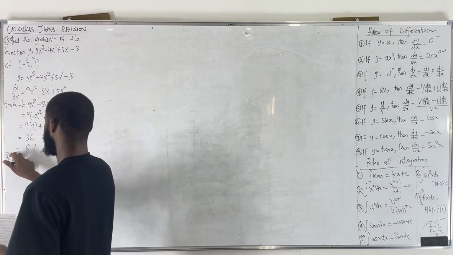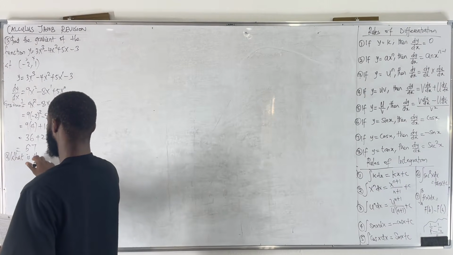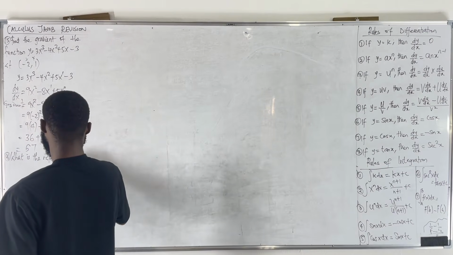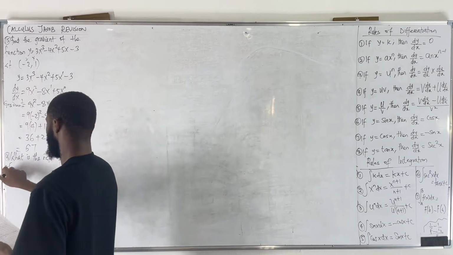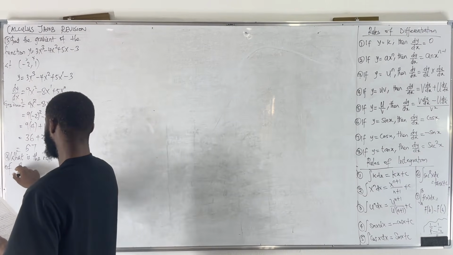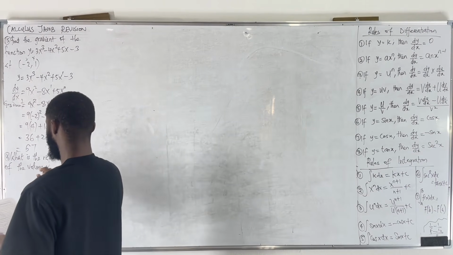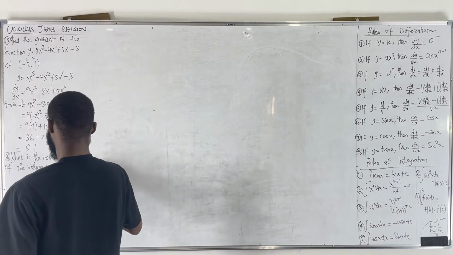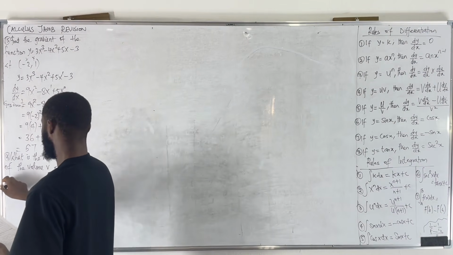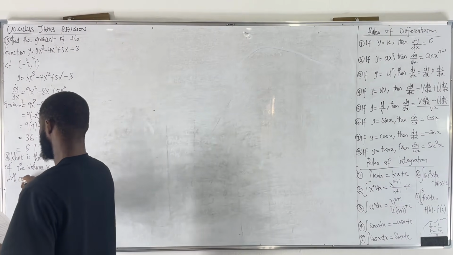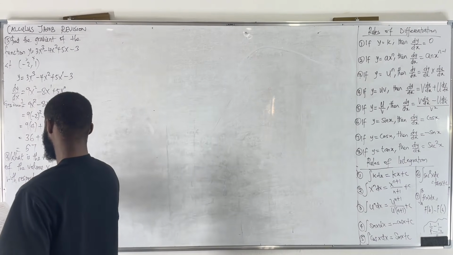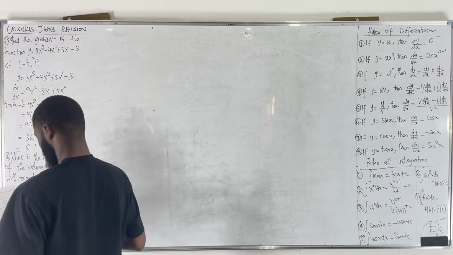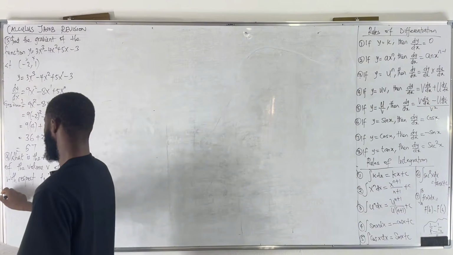What is the rate of change of the volume V of a hemisphere with respect to its radius r, when r is equal to 2?